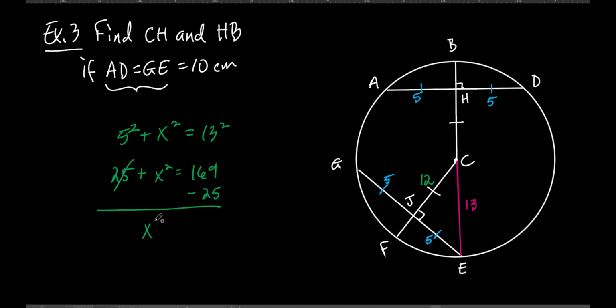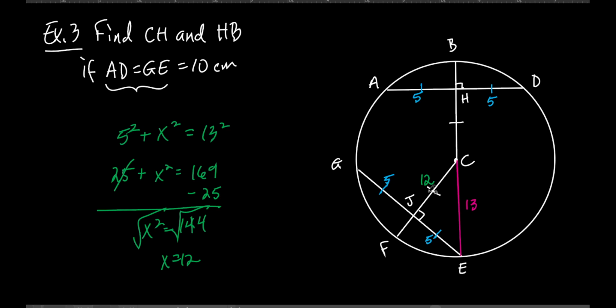X squared is what? 144. Take the square root. What's x? 12. There you go. But you could have saved yourself all that work just realizing that it's a 5, 12, 13 triangle. So aren't you glad you learned the Pythagorean triples? Okay. All right. So that would be 12.